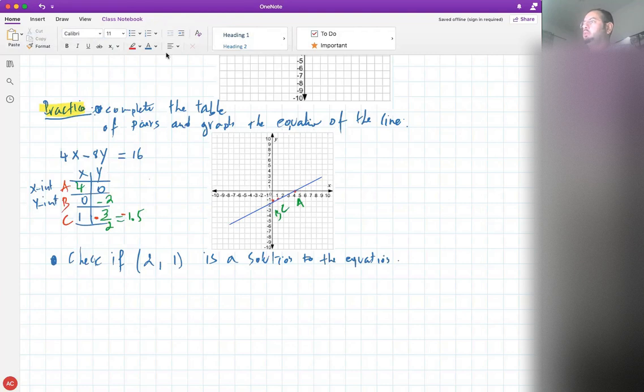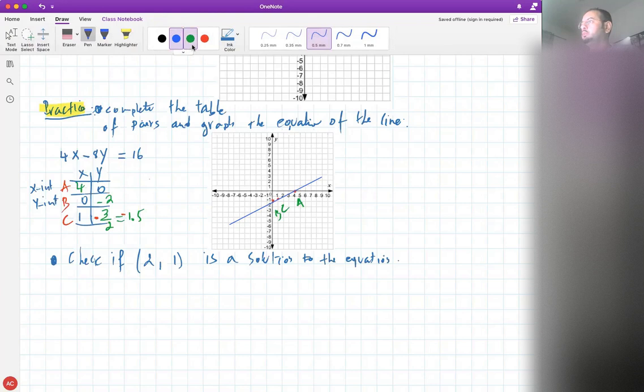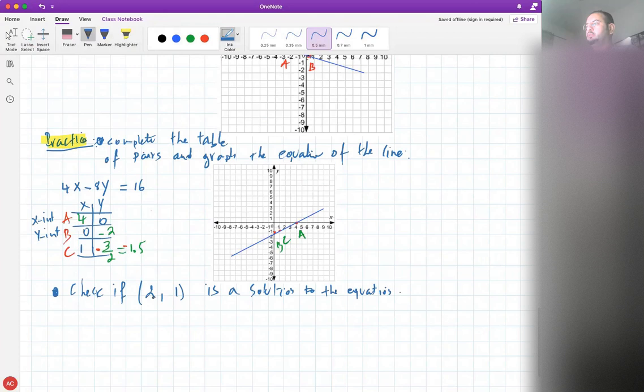That's it. And what about this pair? Is it a solution? No. If you plug this in, if you plug 2 here, it would be 4 times 2 minus 8 times, this is x and y, times 1.